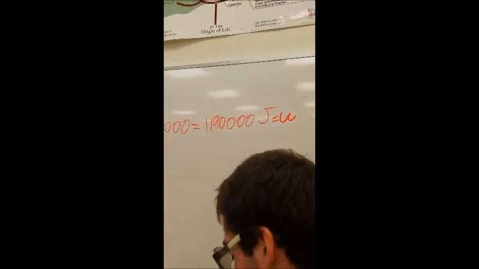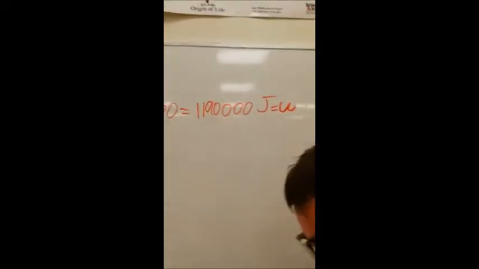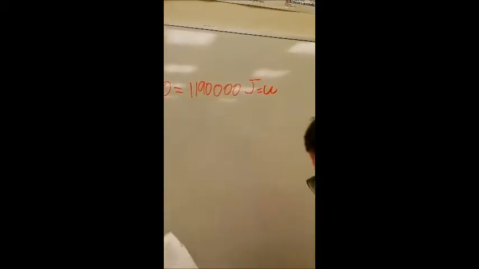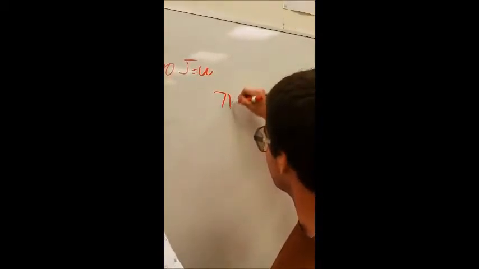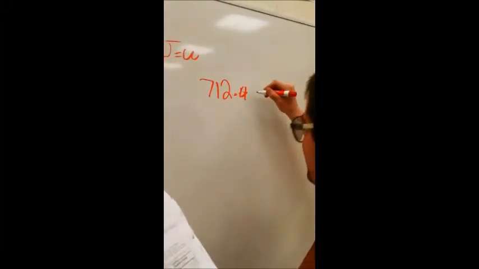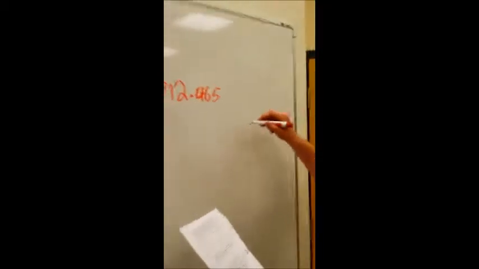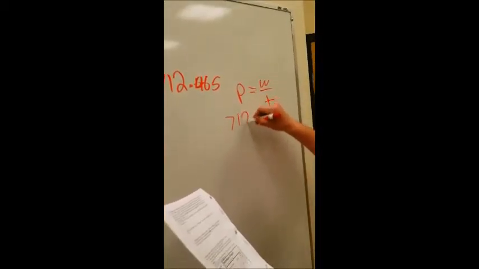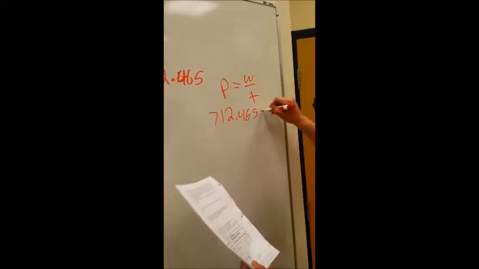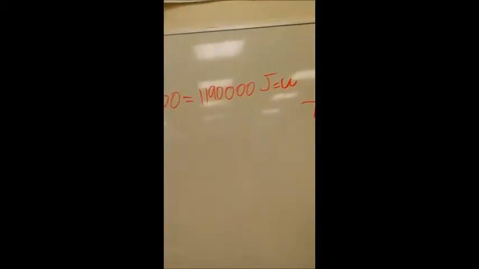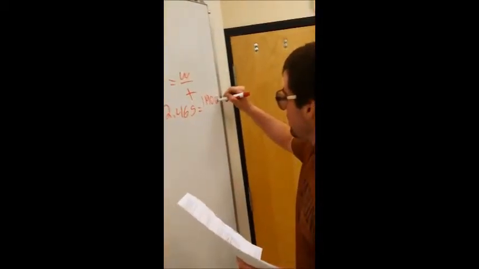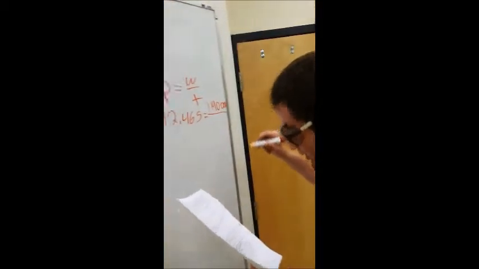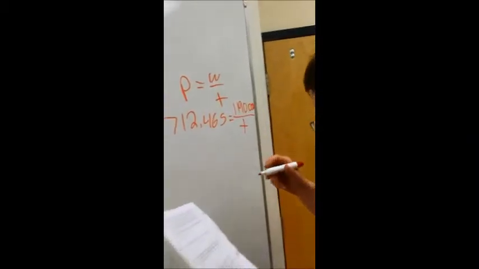So then we will use the power rating we have, which is actually not my power, which is Hannah's power. She got a 712.465 power rating. We will put it into the formula power equals work over time. And the work we already found out was 1,190,000, to find out the time it would take.